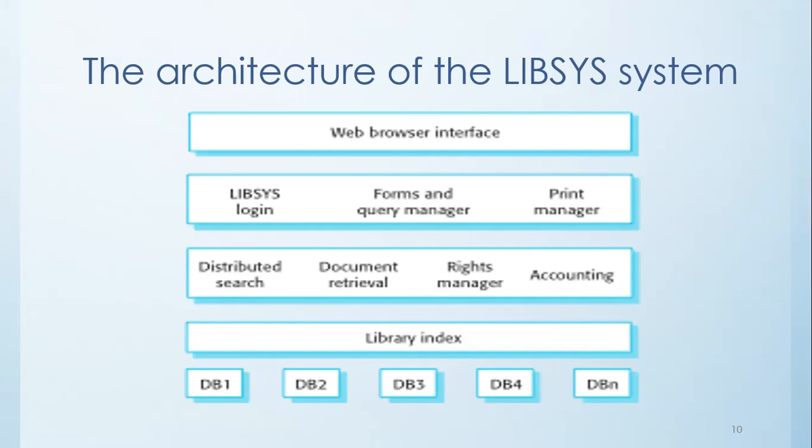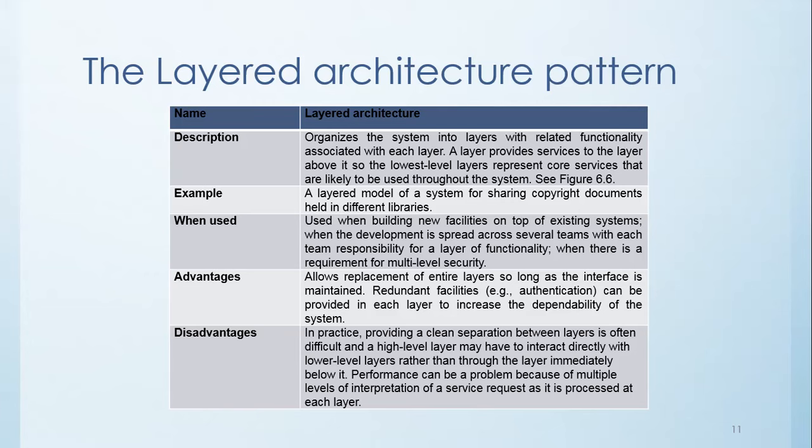Then the layer below that you have distributed search, maybe document retrieval, rights administration, and some kind of accounting. And then below that you have a library index, and then at the bottom layer you have the actual specific databases with the information in the system. So that's how you can apply the layered architecture.